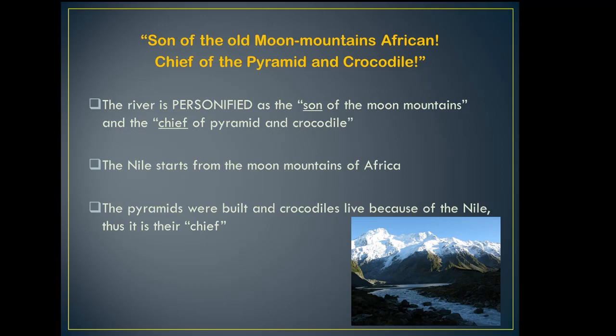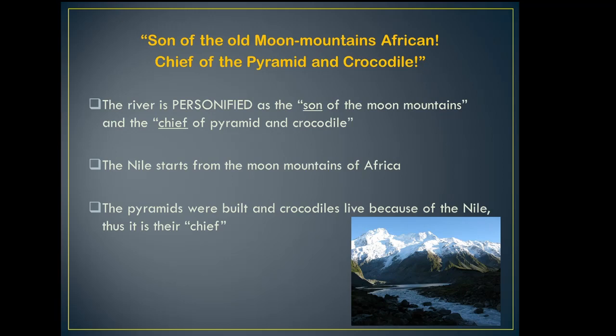And the poet has referred to the Nile as the chief of the pyramid and crocodile, as the pyramids and the crocodiles exist in Egypt today because of the Nile. For example, the huge stone blocks that were used to build the pyramids were transported in boats along the river Nile, and the huge freshwater crocodiles that live in the Nile exist because of the Nile's water.